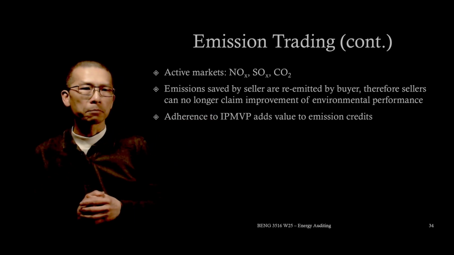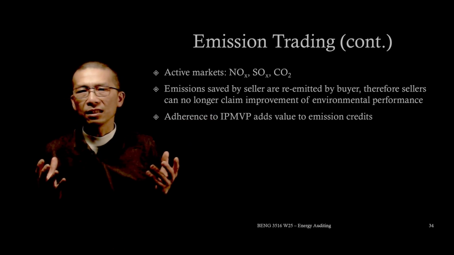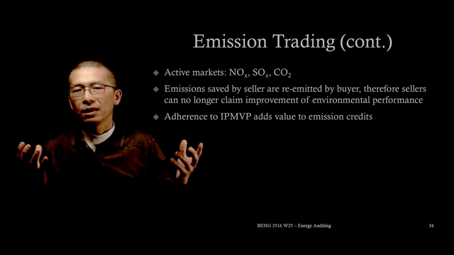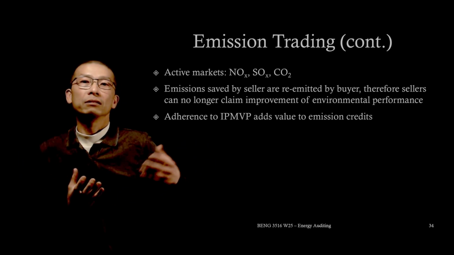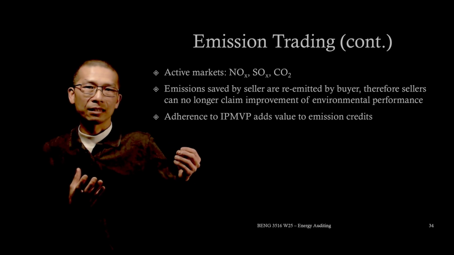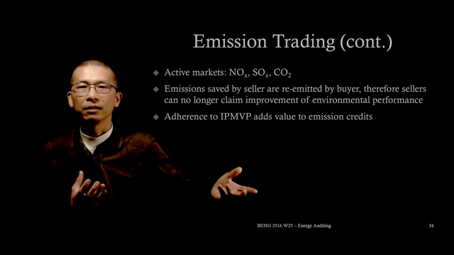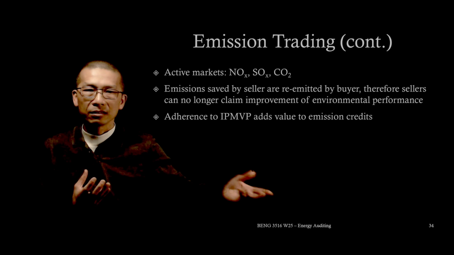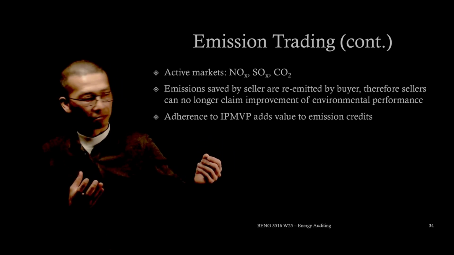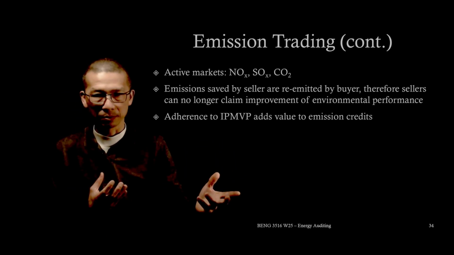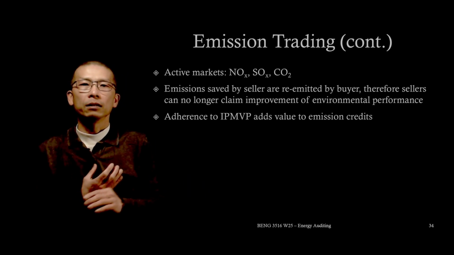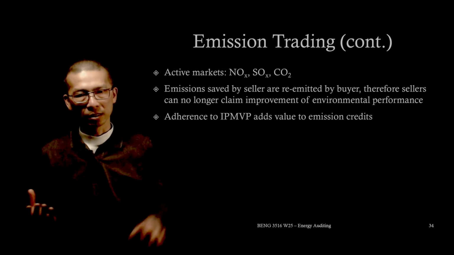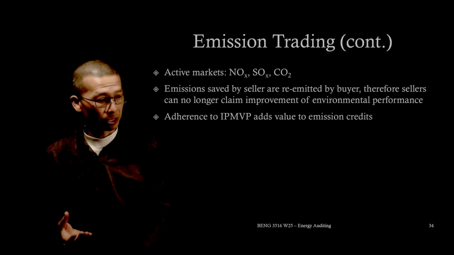Environmental performance. Since the emissions saved by the sellers are essentially re-emitted by the buyer, once you sell the credit, the seller cannot claim an overall environmental improvement beyond the compliance.